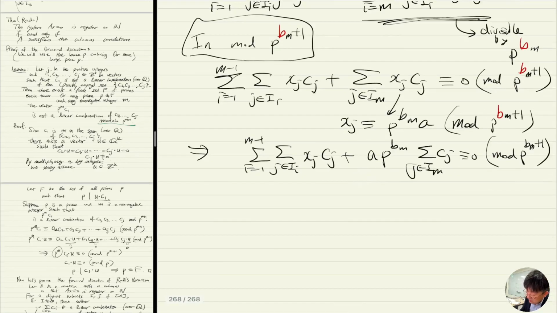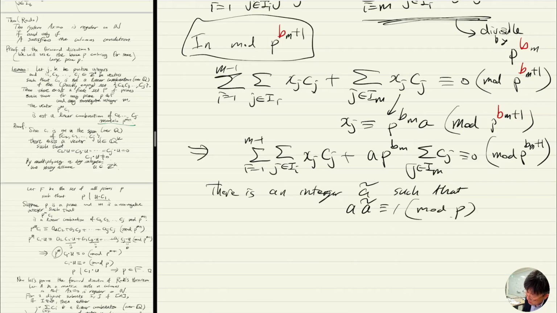Now, there is an integer, a tilde, such that a times a tilde is 1 modulo p. Of course, a is non-zero.